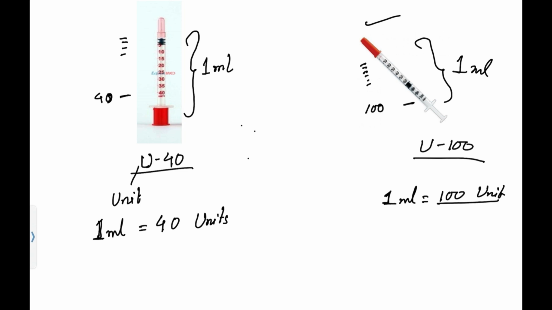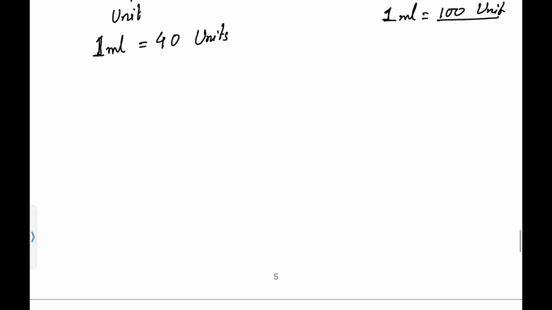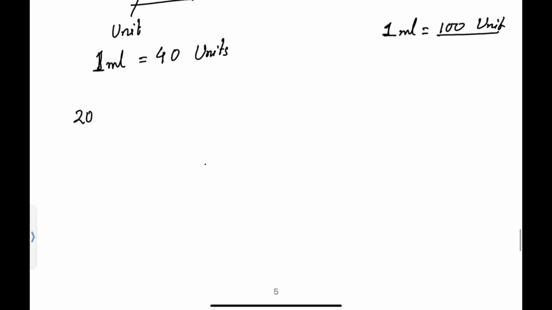So before you give an insulin dose to a particular patient, you should know which kind of insulin syringe you are using, because these two insulin measurements will give you different results. Why? Because let's think you are taking 20 units of insulin in a U40 syringe, and here also you are taking 20 units of insulin in a U100 syringe.